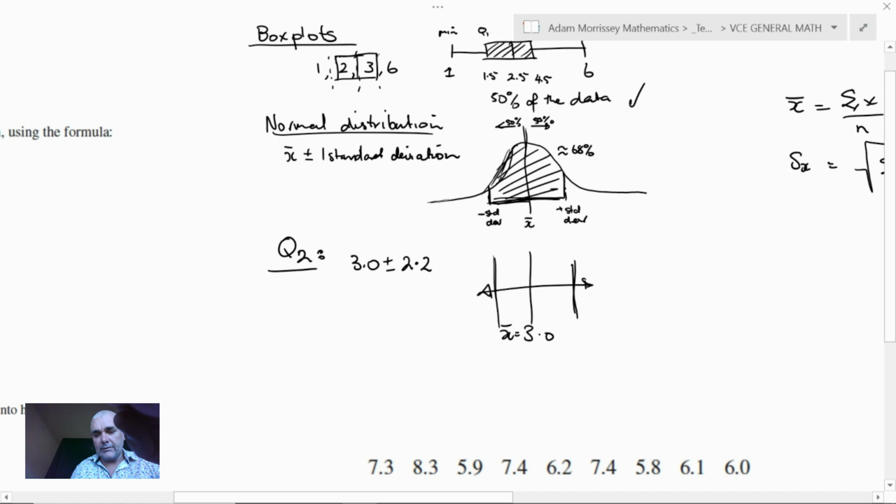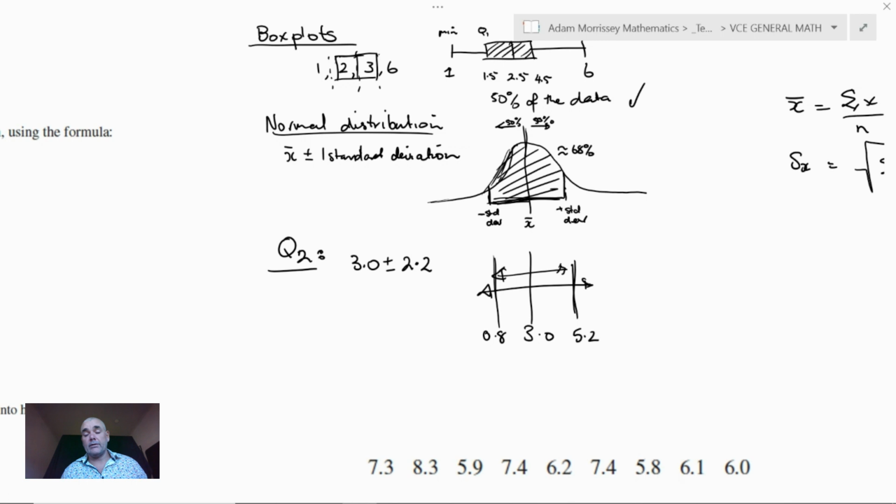So this value here would be 3 subtract 2.2, so 0.8. And this value here would be 3 plus 2.2, so we're at 5.2. We're saying 68% of the data should lie between these two points here.